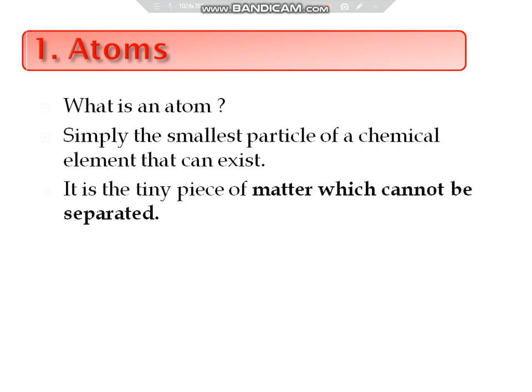So it cannot be separated again, and it's so small that you need a microscope, which we are going to talk about more in our next videos. The type of microscope you use to see atoms is an electron microscope. So that's a small fact.